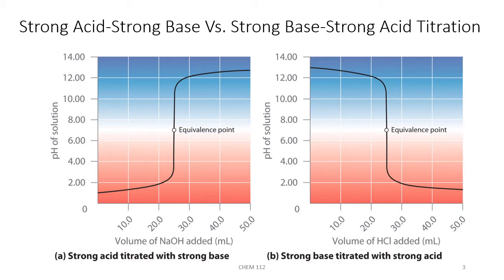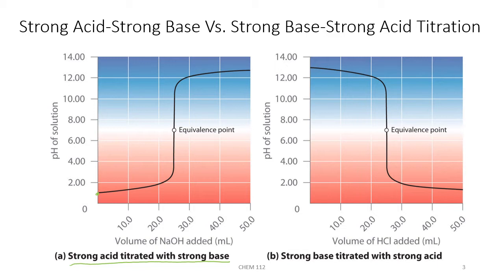On the left, we have a strong acid titrated with a strong base. You can see that initially the pH starts off very low before any base is added. All you have is strong acid in your Erlenmeyer flask. Slowly, you're going to start adding sodium hydroxide, a strong base, from the burette.